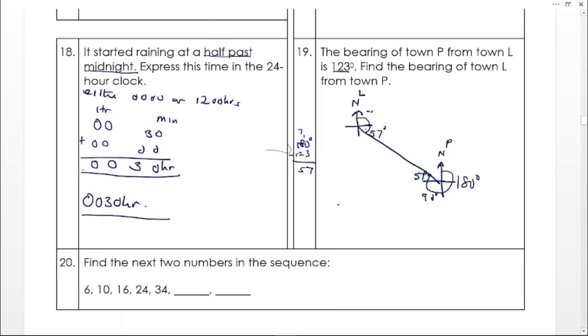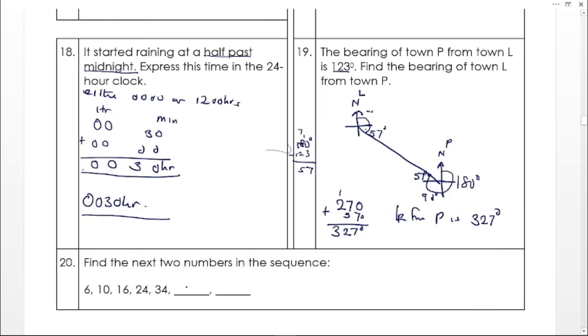So we have 270 plus 57. Now this is 7, this is 12, and we put here a 3. So the bearing of L from P is 327 degrees.